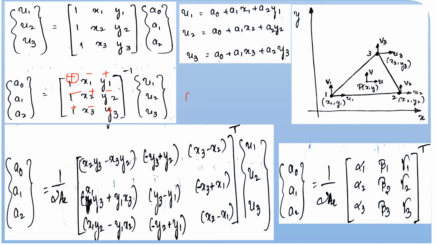This is the concept: minus 1 raised to i plus j. This is a11 or k11, a12 or k12, and this is a13.